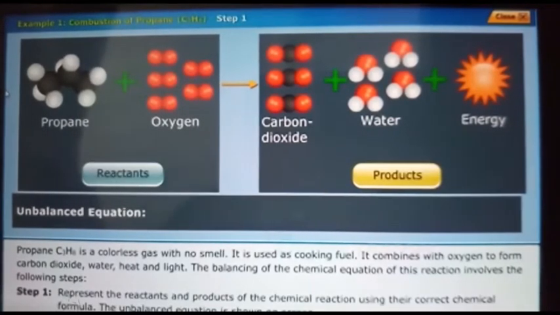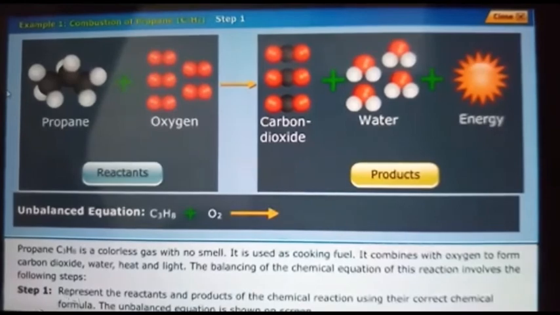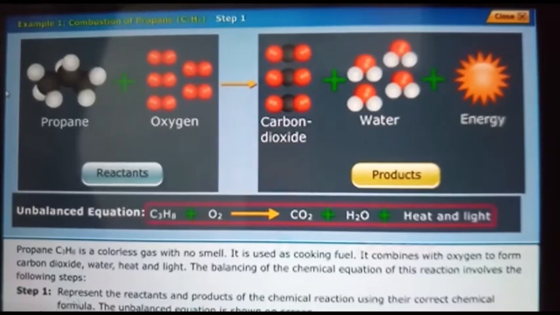Step 1. Represent the reactants and products of a chemical reaction using their correct chemical formulas. The unbalanced equation is shown on screen. Propane, oxygen, carbon dioxide, water, plus heat and light.